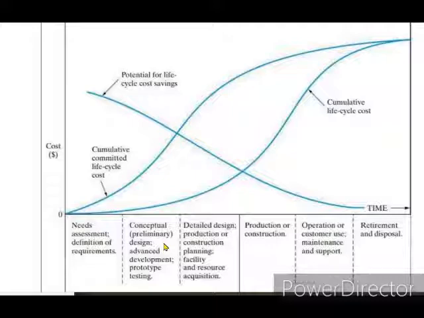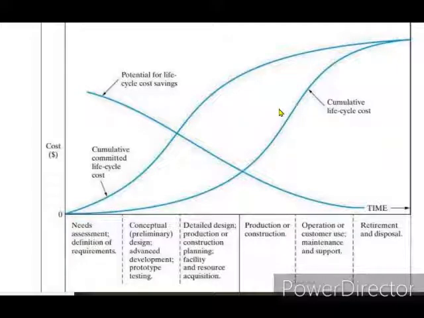That's why there are cost efficient systems nowadays, like the fuel efficient systems of vehicles. Okay, so it is potential for life cycle cost saving. And lastly, the retirement and disposal, and operation or customer use, should include cumulative life cycle cost.